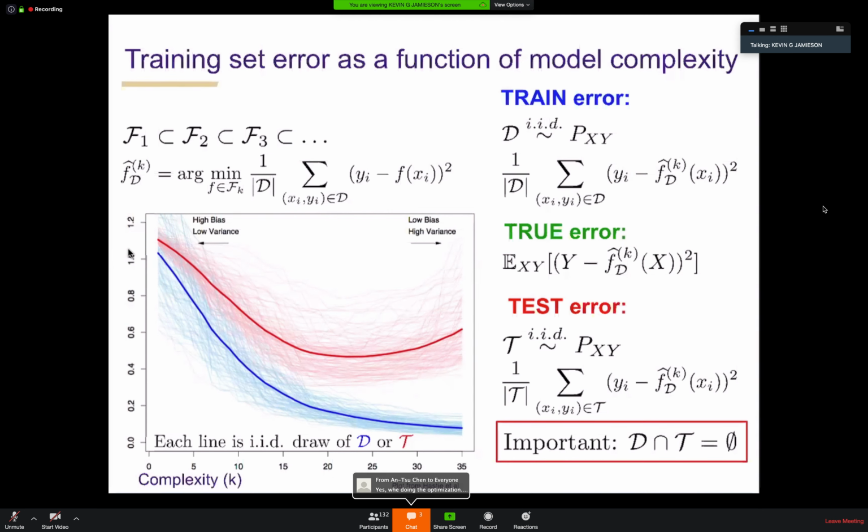There's some true bottom here, some best error, which balances this bias and variance. This is because the test error is an unbiased estimator for the true error. So you're looking at the true error and seeing this bias and variance, but you don't get to see it. You only get to see the total error.